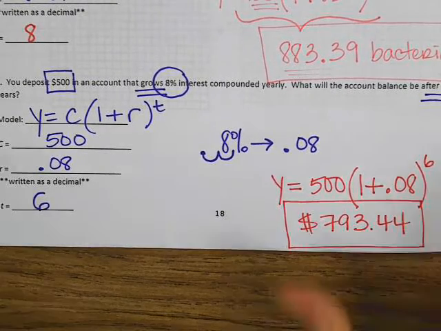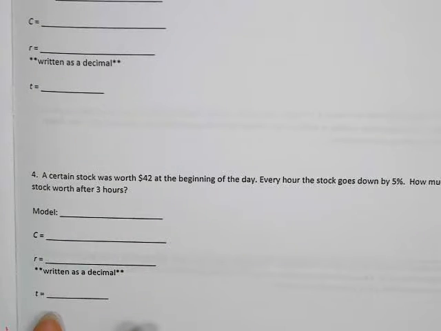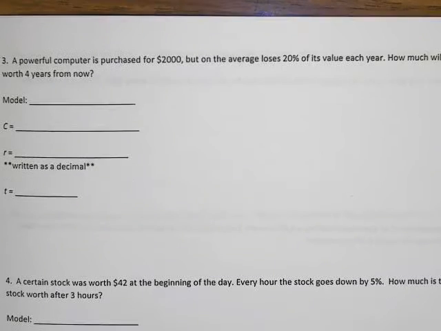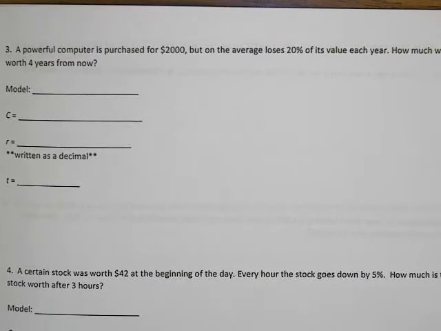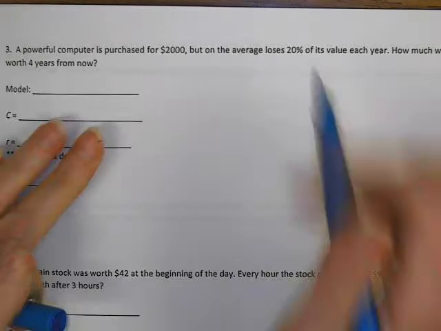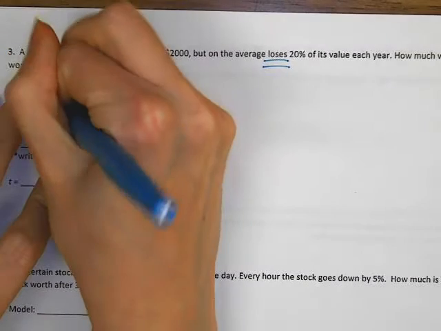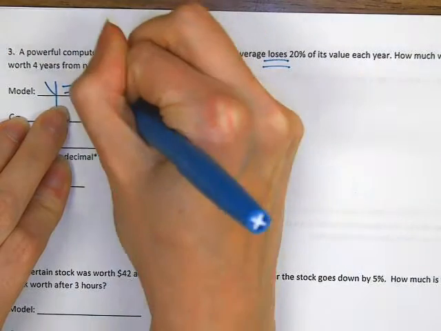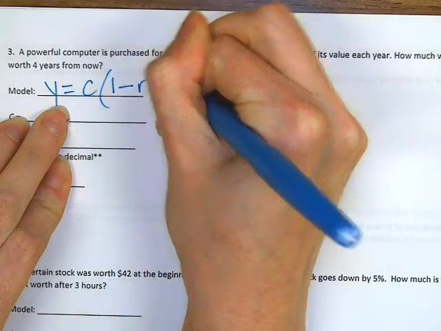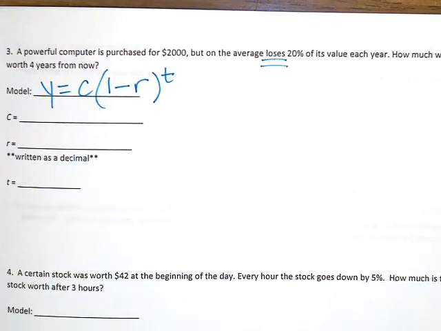All right, let's do one more. How about number 3? And then I think we're good. Okay, keyword here, guys, is loses. They're losing money, so this is going to be the minus model. Y equals C times 1 minus R to the T power.